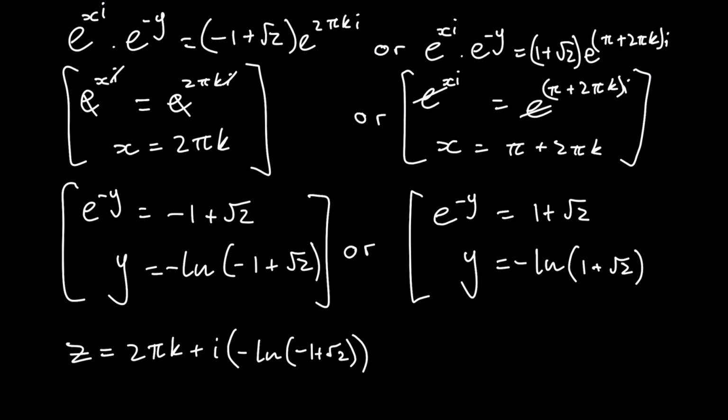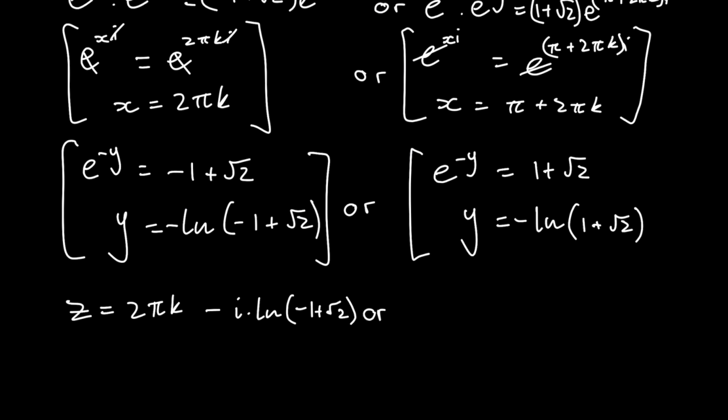If we take this negative out, let's write it more neatly like that. On this right hand side, z is equal to x plus iy, so x is pi plus 2 pi k, and then plus iy.